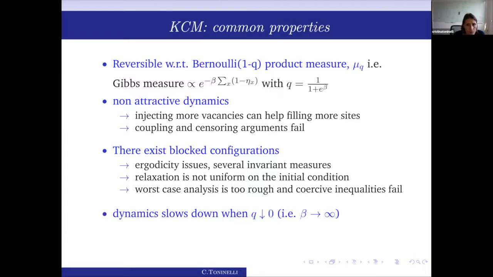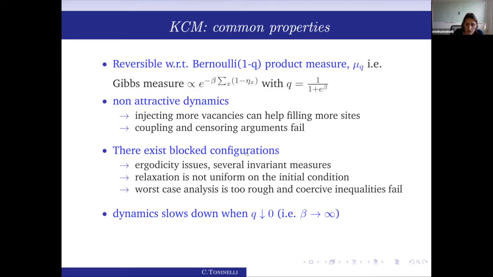Another key property, which is a trivial observation, is that in order to update, we have to have at least a certain neighborhood which is empty.